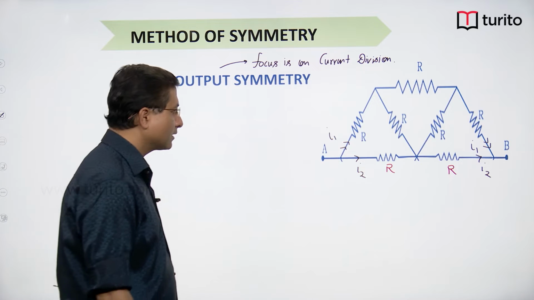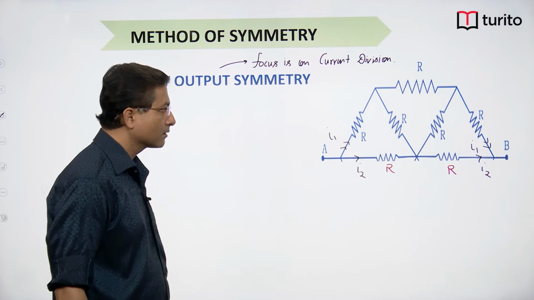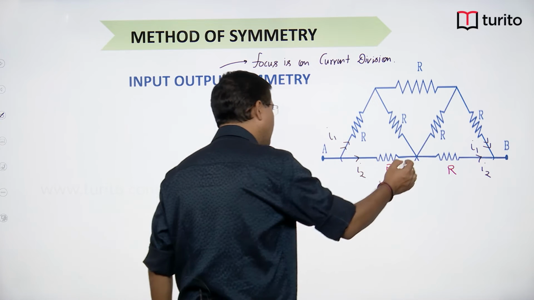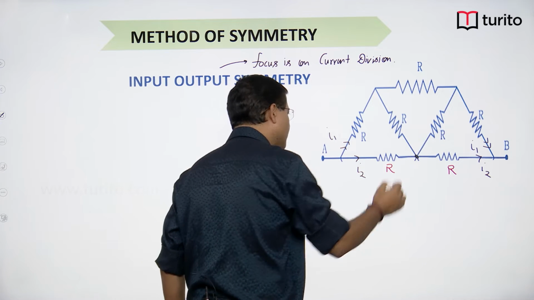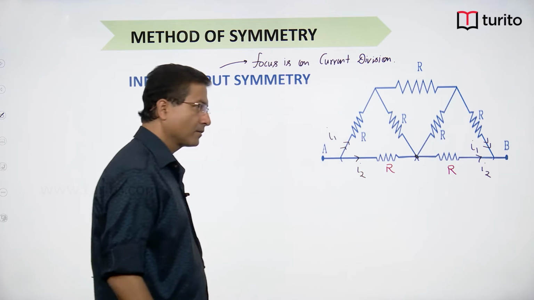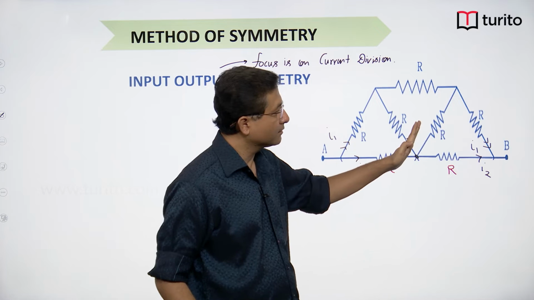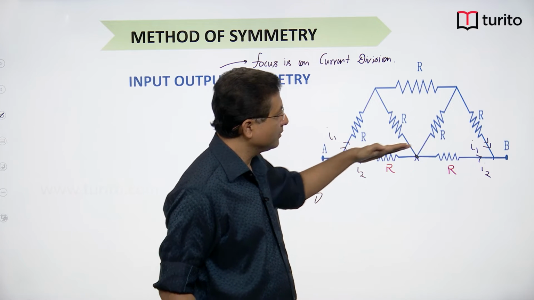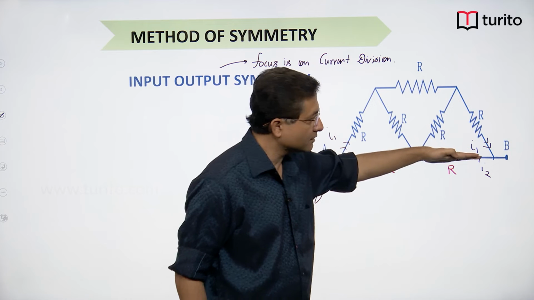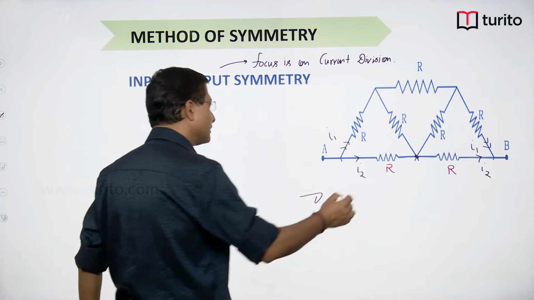So if this current goes from here to here, and we have a division over here, then this current cannot be equal to this current. If some part of this I2 goes here, then this cannot be equal to this. So for this to be equal to this, as they have input output symmetry, there should not be any division here.